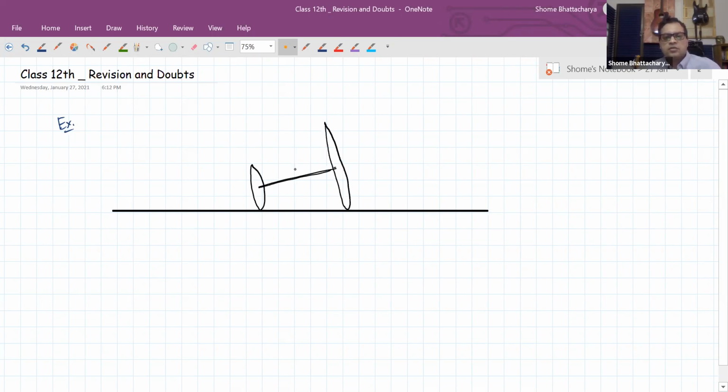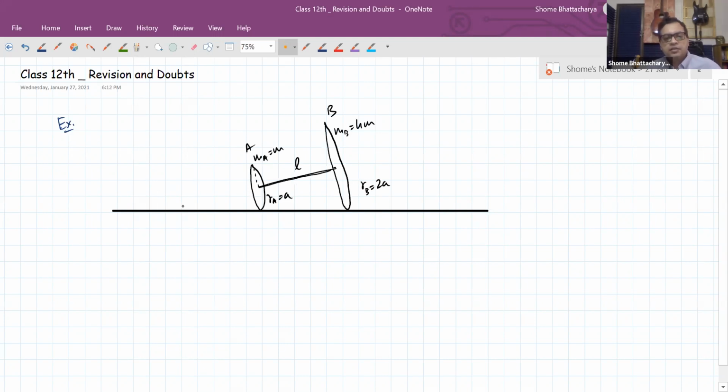They are connected by a rod rigidly. Let's say this is disk A and this is disk B. This one has radius equal to 2A, this one has radius equal to A. This one has mass equal to M, and this one has mass equal to 4M.